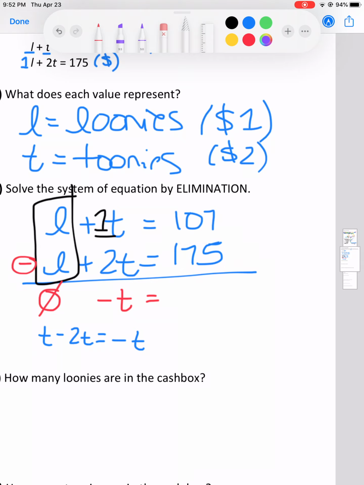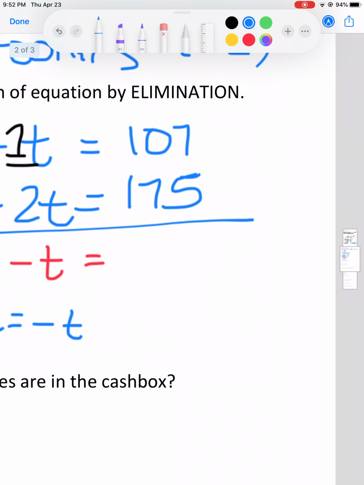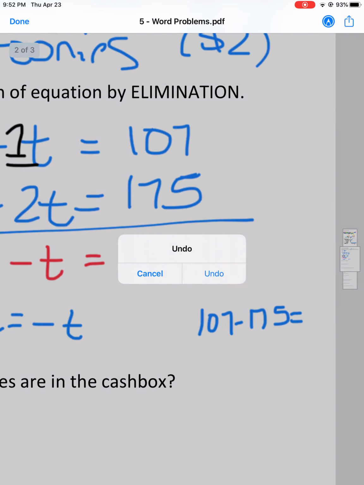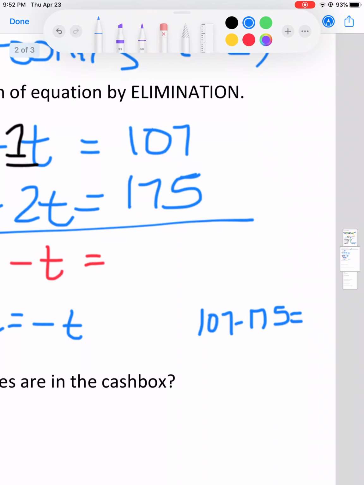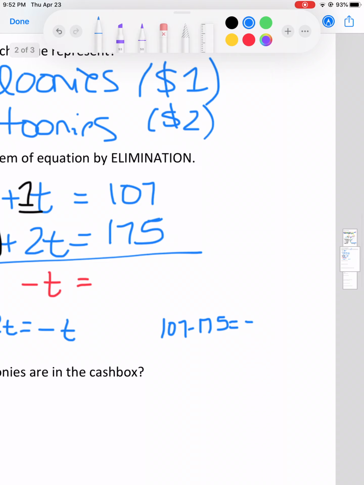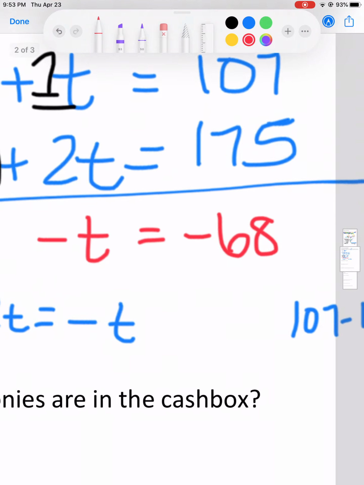It's going to be another negative. What does that equal? Negative 68. Okay. So negative t is equal to negative 68.